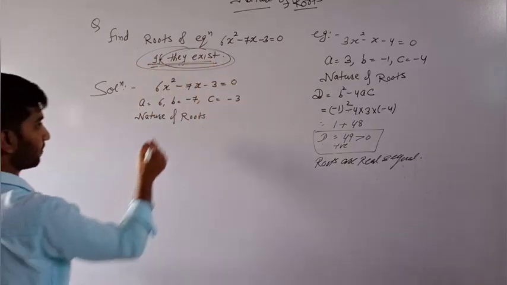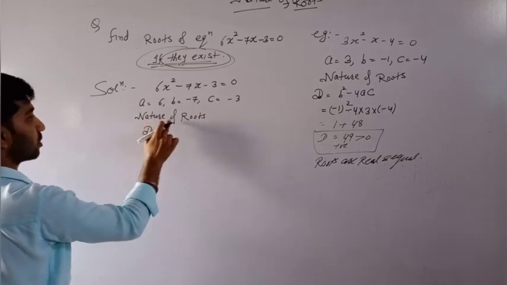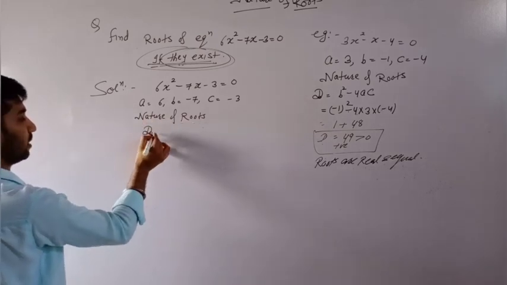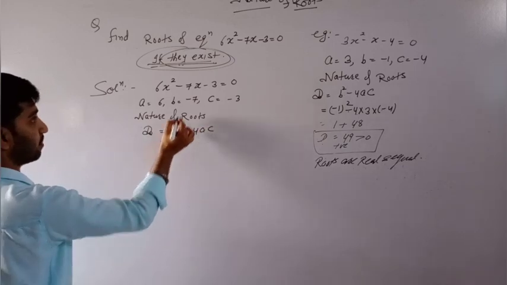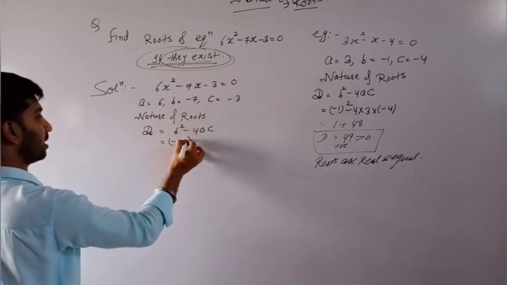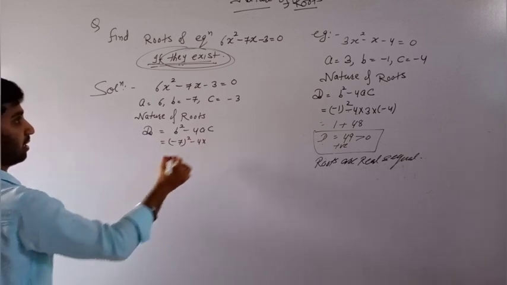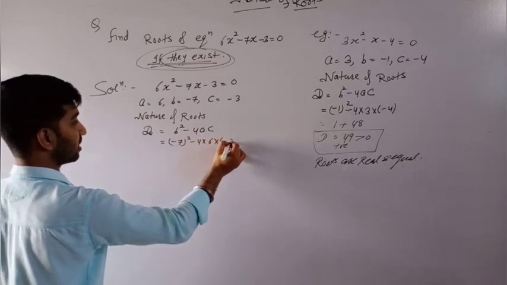To find the nature of roots, we have to find the value of D, which is given by b square minus 4ac, the discriminant. b is minus 7 square minus 4 multiplied by a is 6 and multiplied by c is minus 3.